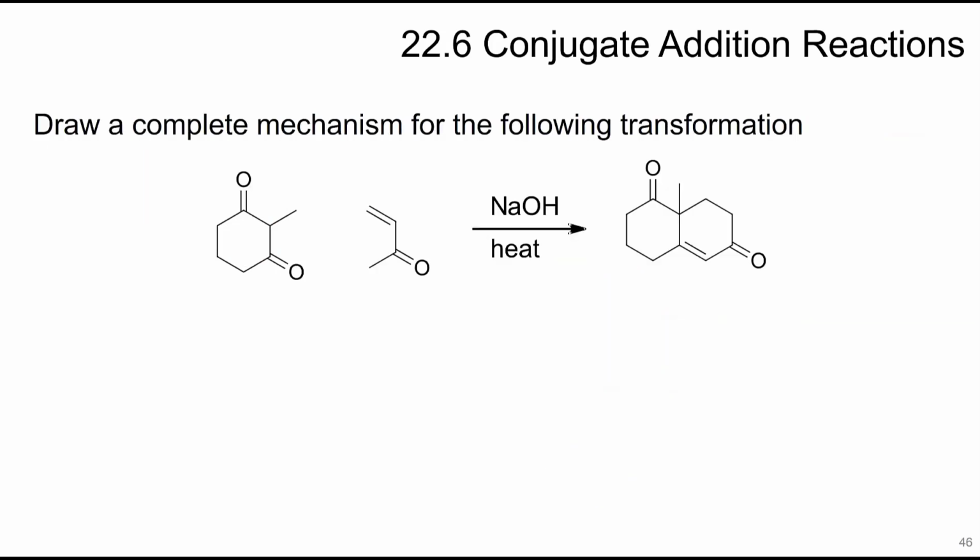All right, so we're going to power through a mechanism here. Sodium hydroxide is going to pull off this proton, which is doubly stabilized. The pKa of that one is around 9. So then I form an enolate. All right, so the first is the Michael addition.